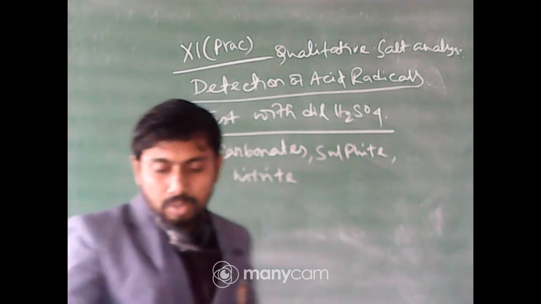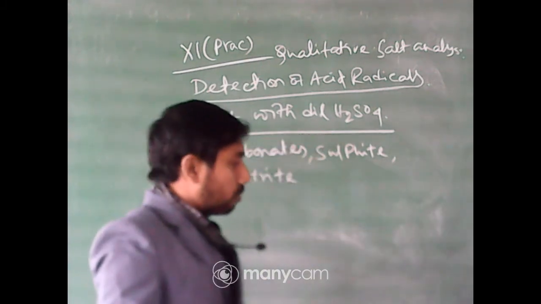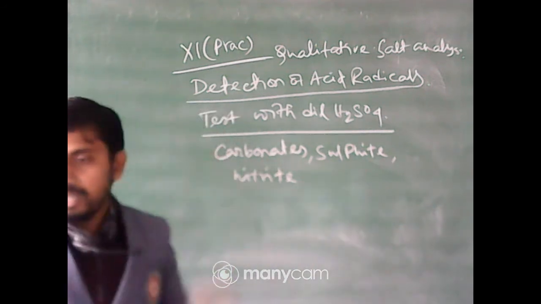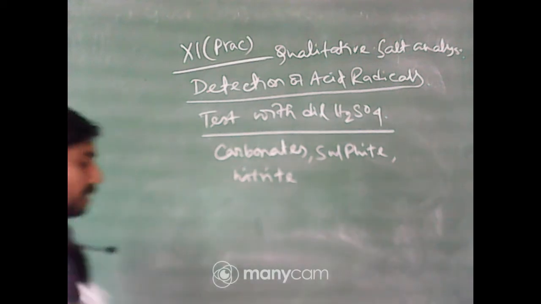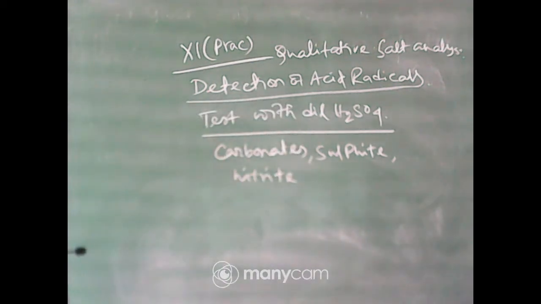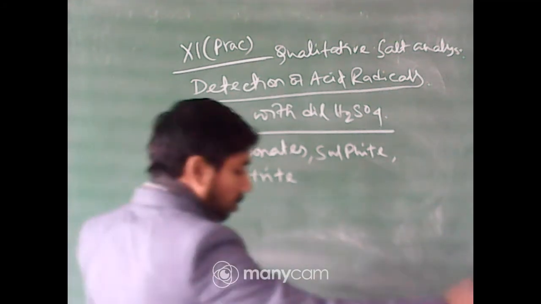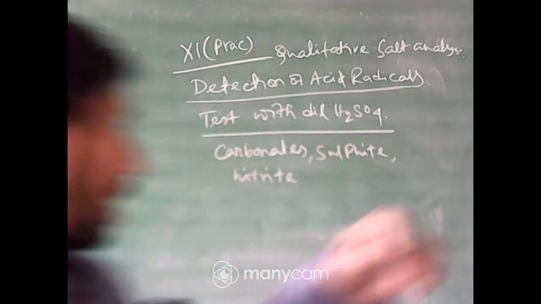Now the test with dilute H2SO4, that is we will add one mineral acid here. Now mineral acid, that is HCl, H2SO4, these are called mineral acids. Now you will see that the effervescence is coming out. Okay. This is the observation. This preliminary test gives the idea that the anion may be present.